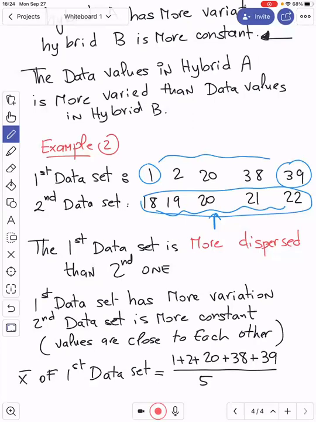The top is 100, divided by 5. So the mean of the first data set would be 20.